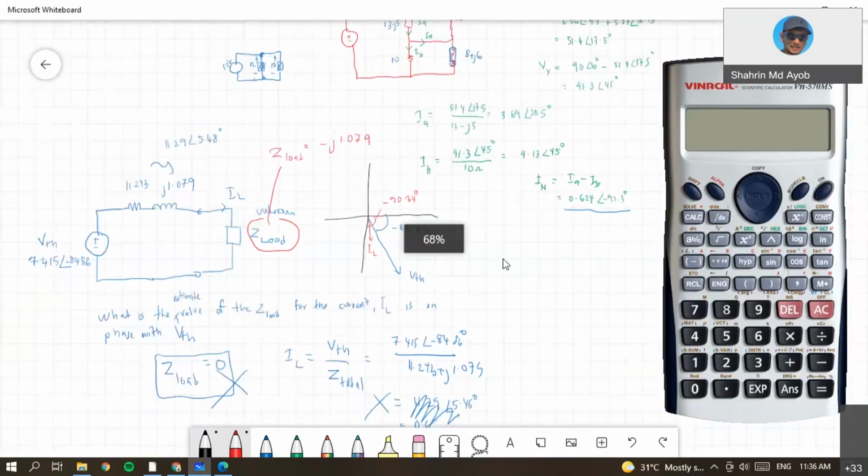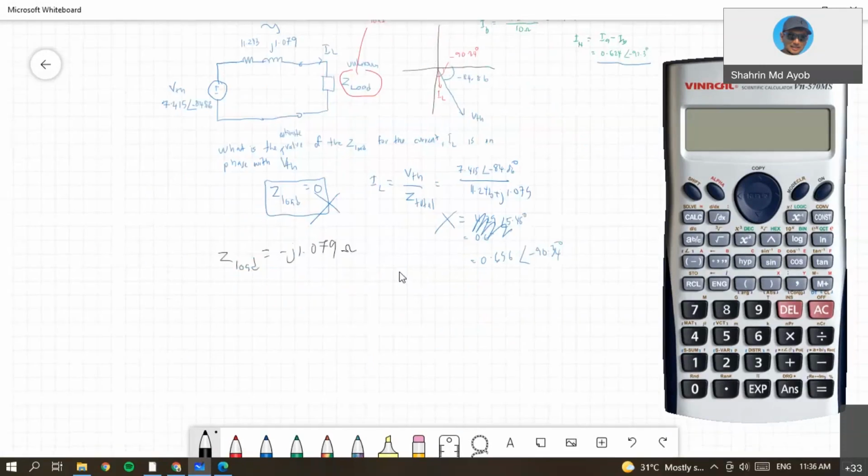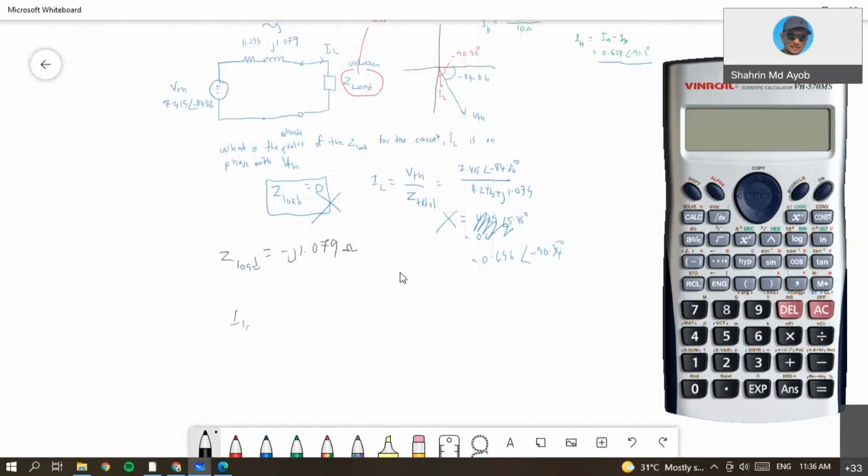Okay, so let's check. When you set your Z load equal to negative j1.9 ohm, your I load is VTH over 11.243 plus j1.079 minus j1.079.